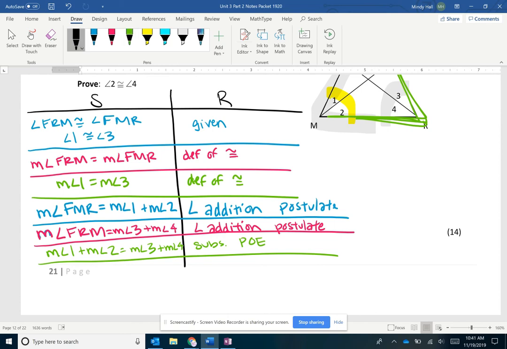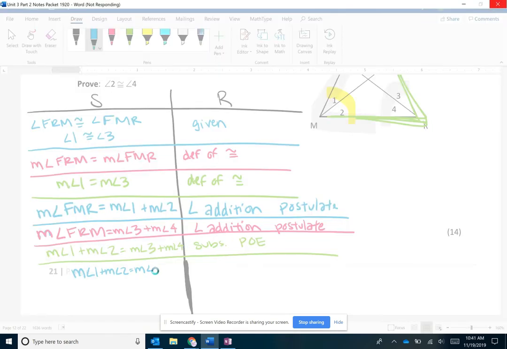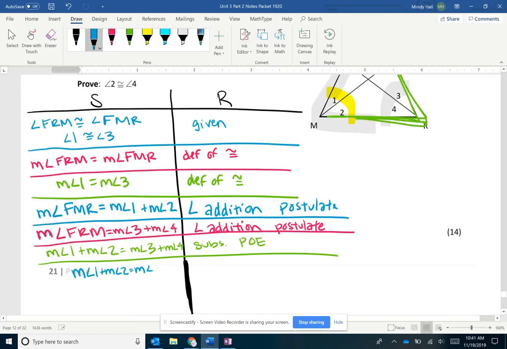So then, almost there. I want black, not green. There we go. So then when we have that, since we said 1 equals 3, we can substitute: measure of angle 1 plus measure of angle 2 equals measure of angle 1 instead of 3, and then measure of angle 4.